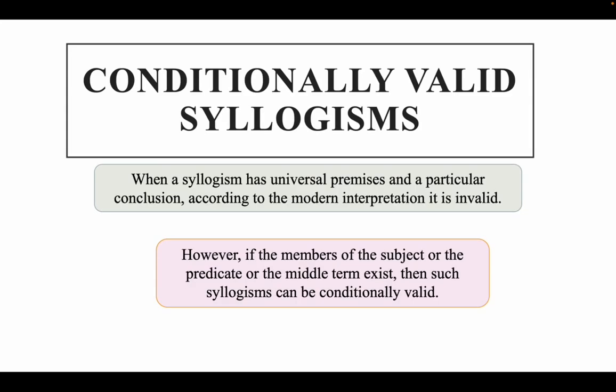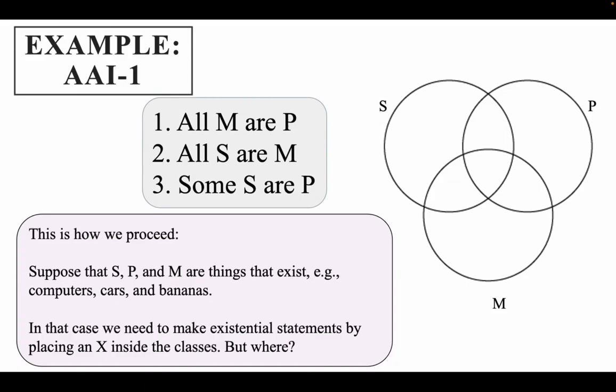All right, now I want to talk about a special case that in logic is known as a conditionally valid syllogism. A syllogism is conditionally valid if you consider the syllogism from the point of view of the traditional interpretation, or rather, let me give you this example.